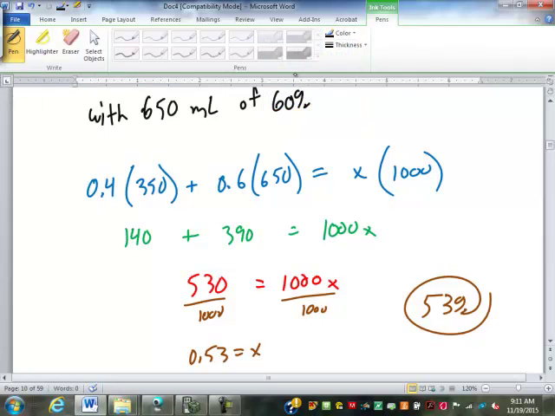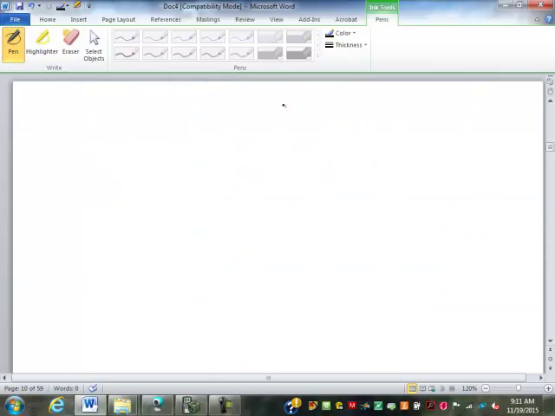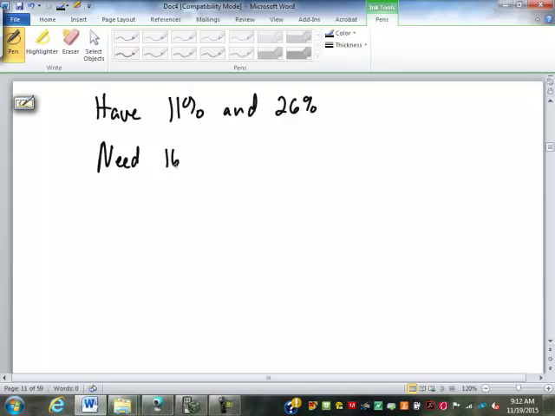That's not terrible, right? But it does get worse. Let's say now that you have 11% and 26% mixtures. You need a 16% mixture. So here's my question.